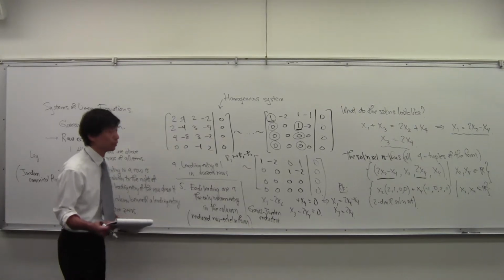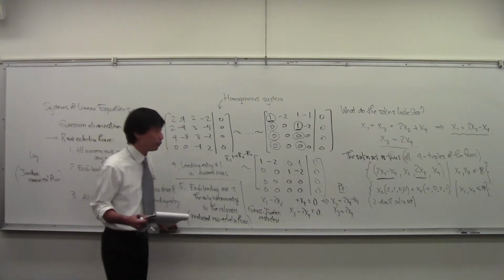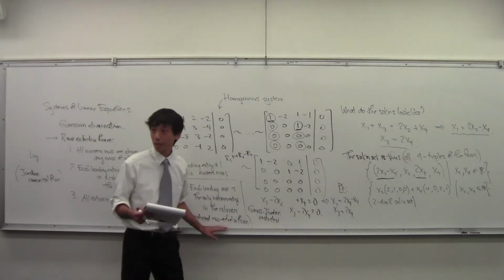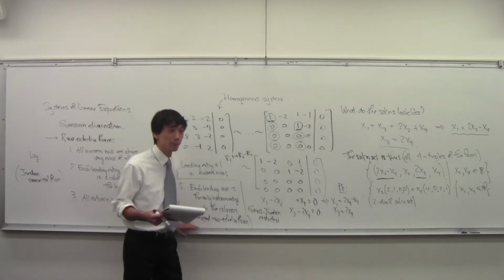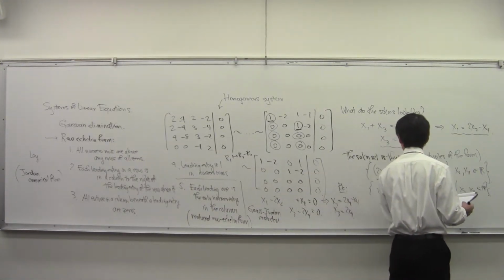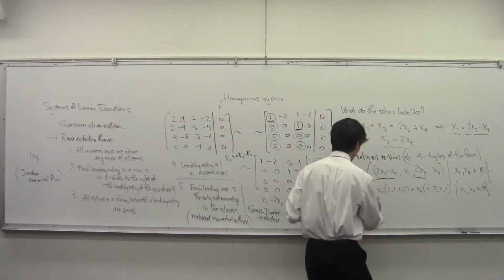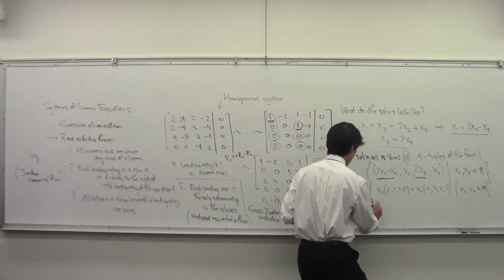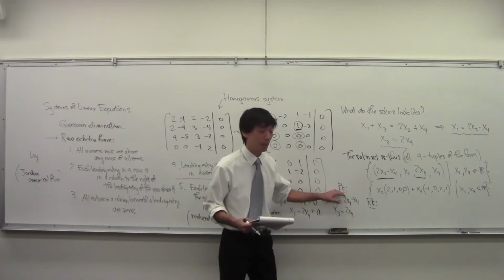Okay, so let me just say one more thing. Any questions? Any other questions? Let me just say one more thing, which is another remark. So this RK means remark.